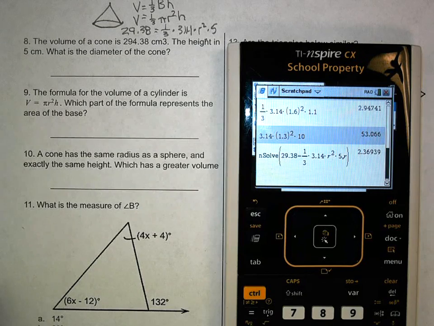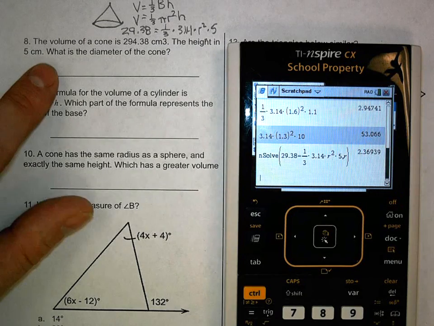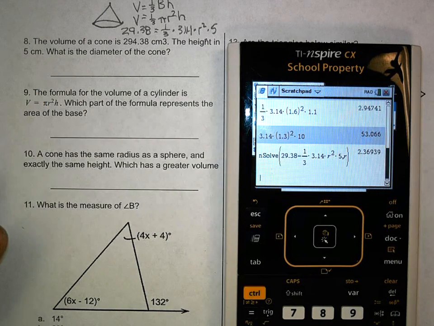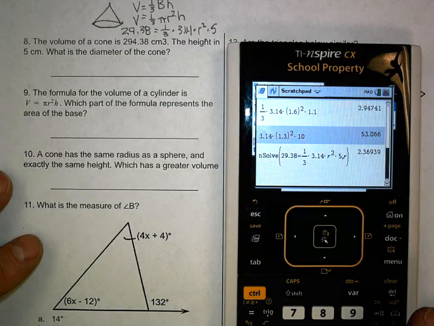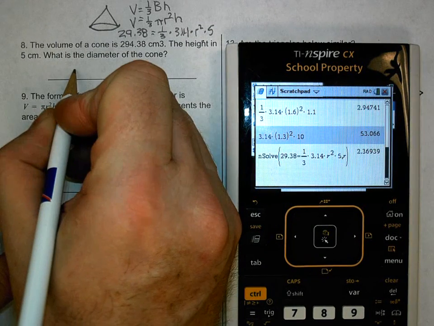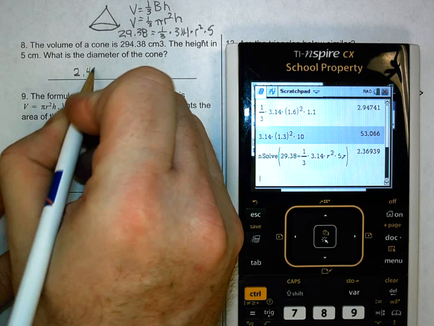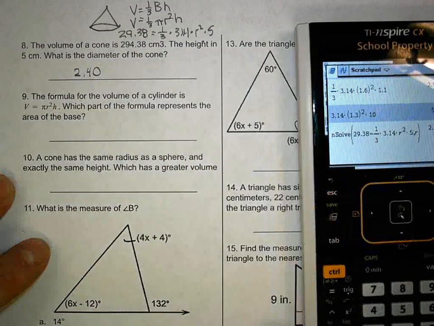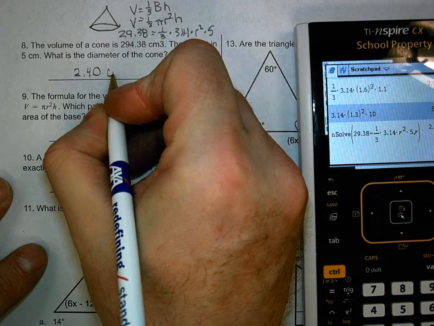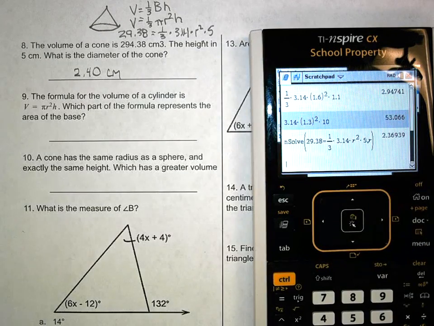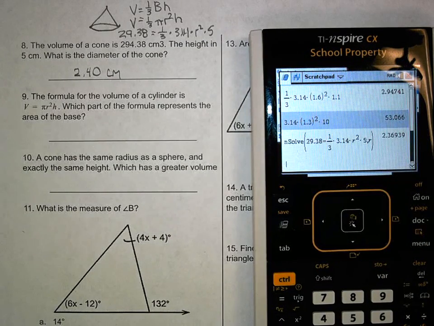And it says it's 2.36939. And I'm just going to round off to the hundredths. 2.40 centimeters. That's the diameter. Alright, moving on.